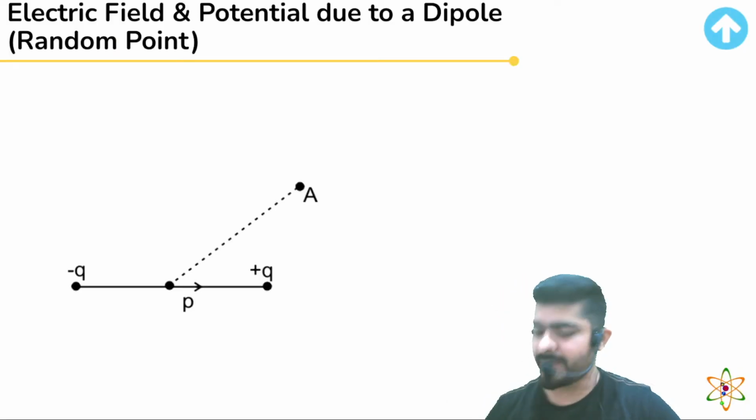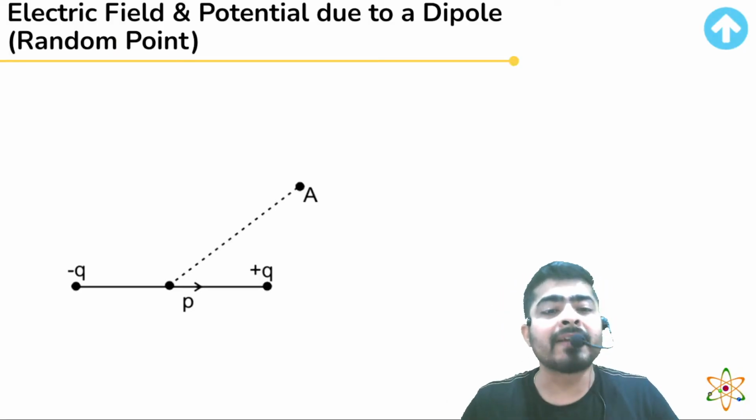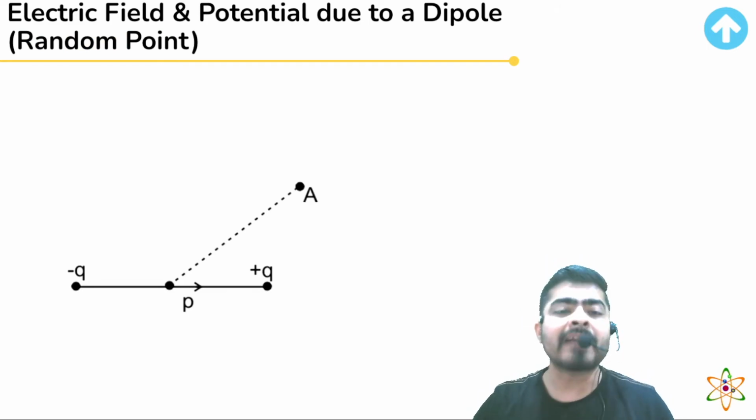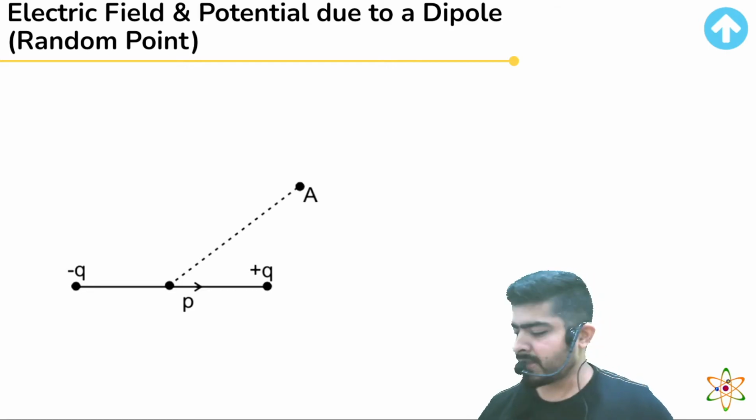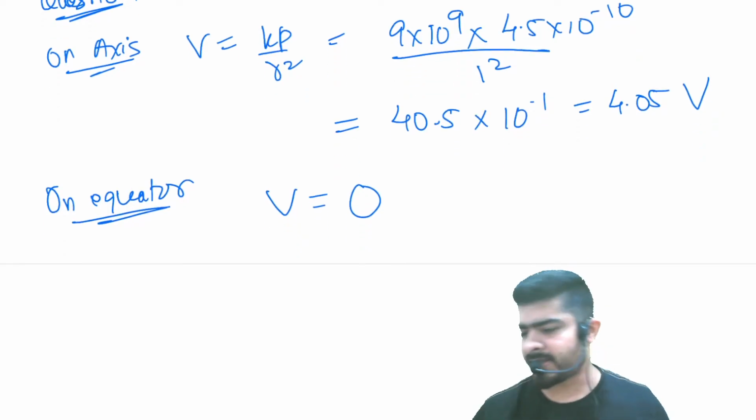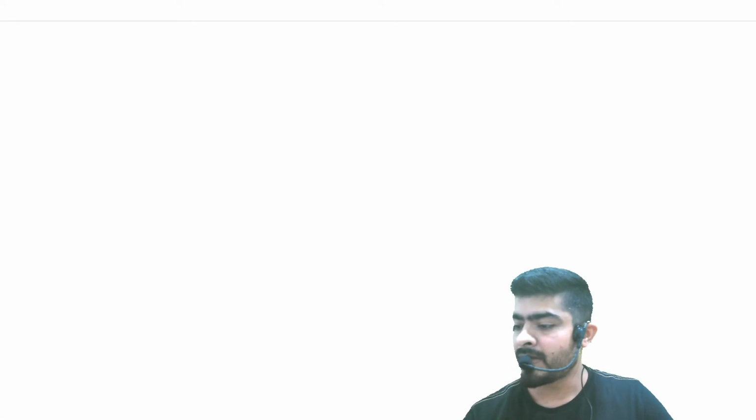Next topic actually. Now we want to find the electric field and potential of a dipole at any random point. This is actually not so difficult. Some people find it difficult, but just pay attention once again.